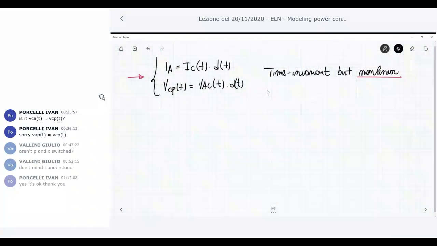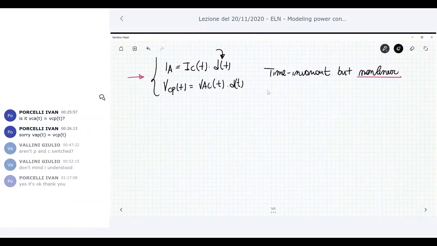Look, we have a current at one side that is the same as the current at the other side multiplied by a factor. The same happens for the voltage, but reversed with respect to that of the current. So this looks similar to transformer equations.